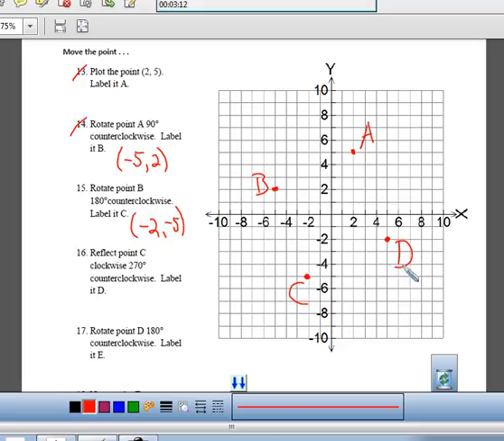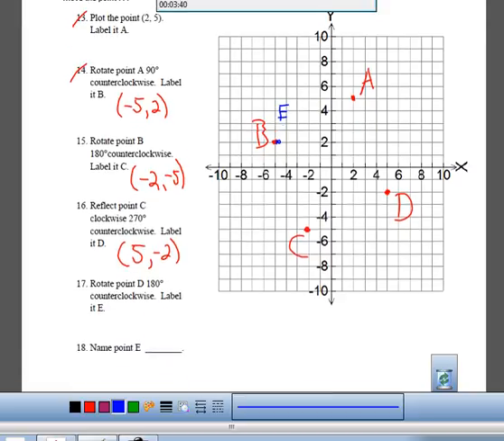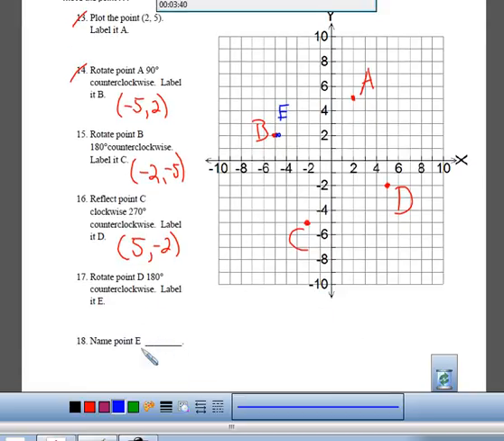That's our point D, and that is the point 5, negative 2. And then if we rotate point D 180 degrees, we end up all the way back at, oops, not B, this is E. The last task tells us to name point E, and point E is negative 5, 2.